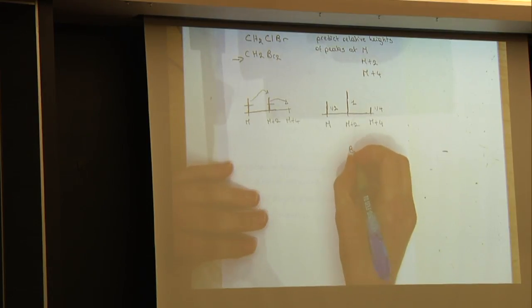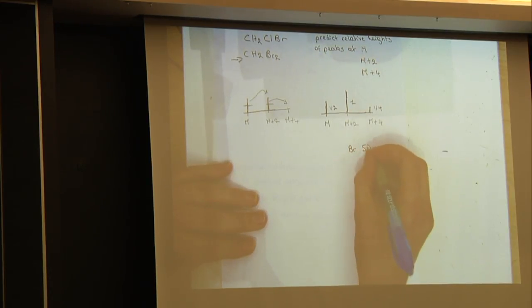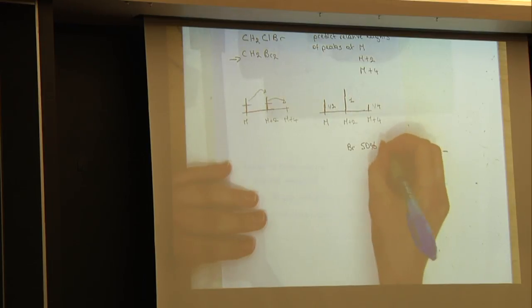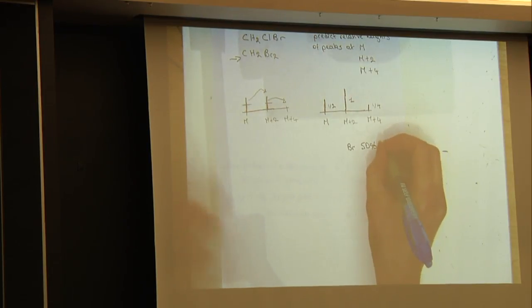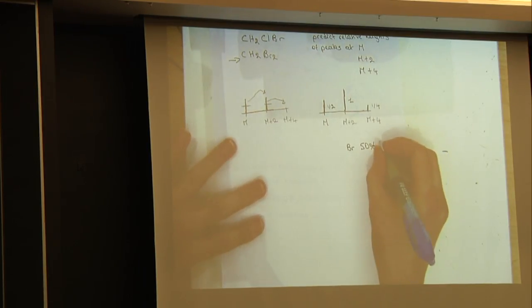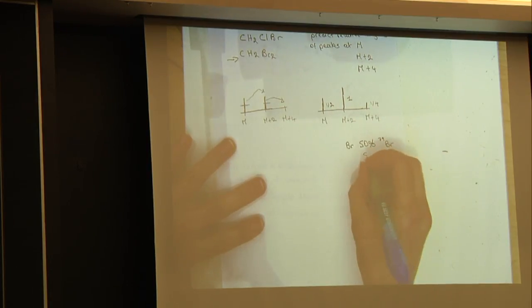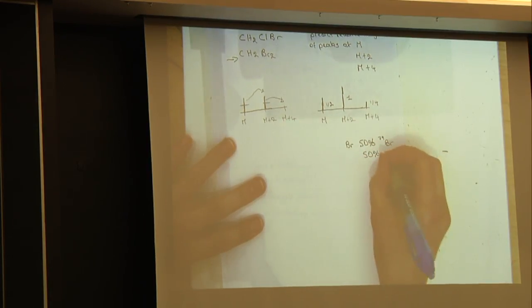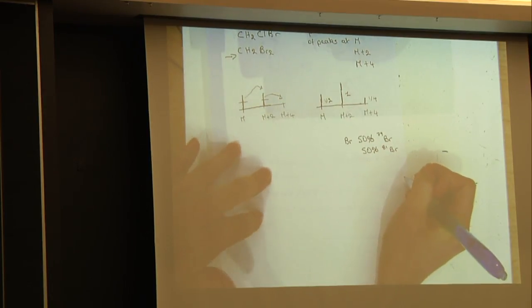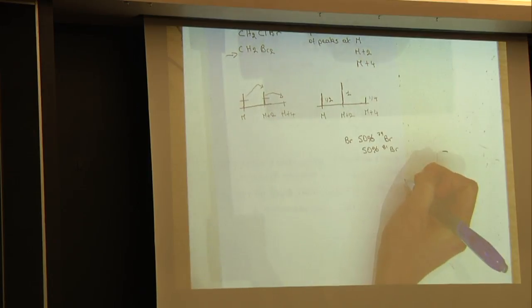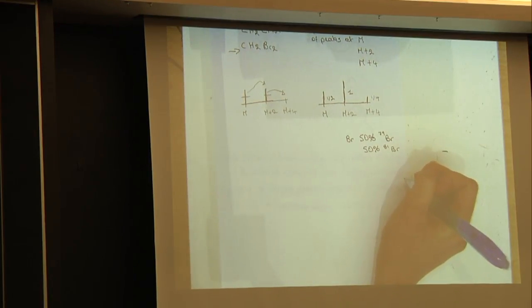So in bromine, we have 50% isotope bromine 79, and 50% is going to be bromine 81, giving you those M+2 peaks that are characteristic on a spectrum. Good question.